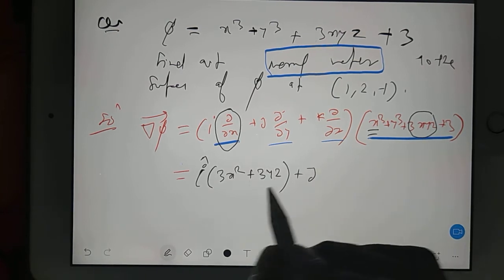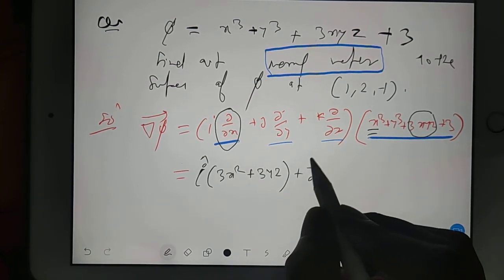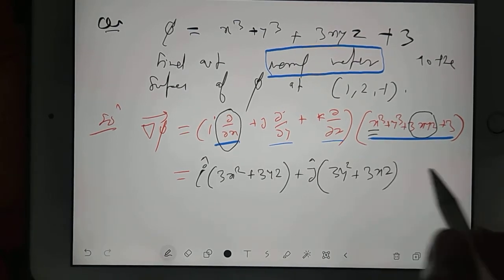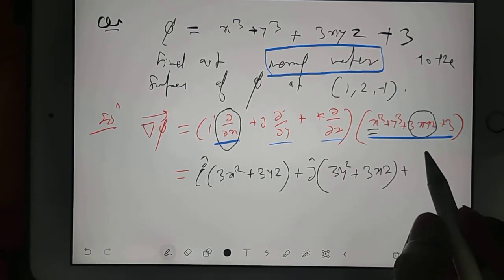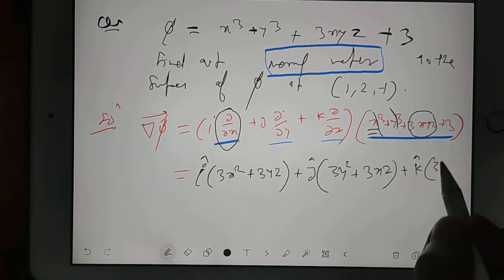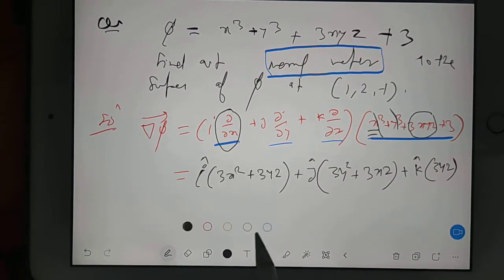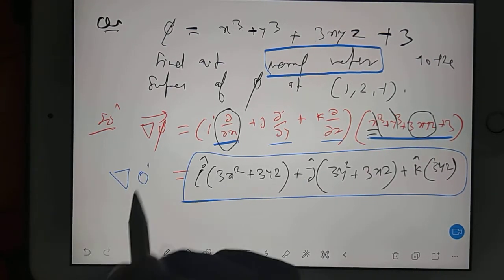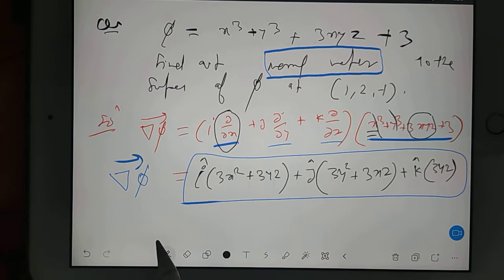In the same way, j will come, and in j also 3y square plus 3xz, and plus k will come, and in k it is 0 0 3yz. Okay, so this total whatever you have got is the vector grad phi.